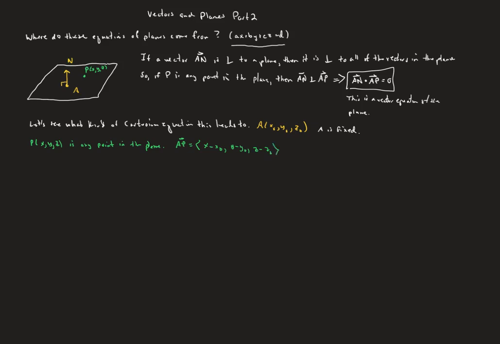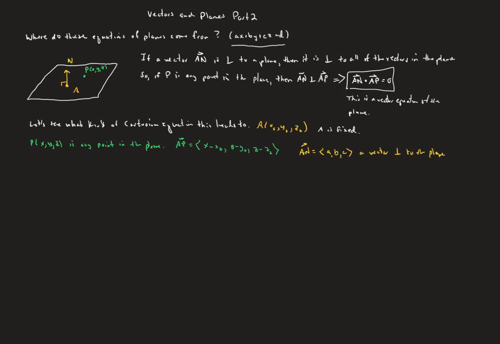So there is our vector AP. And let's just call vector n, just to make things simple, we'll say its components are a, b, c, so it'll be nice and clean. So that's our vector, we'll say perpendicular to the plane.